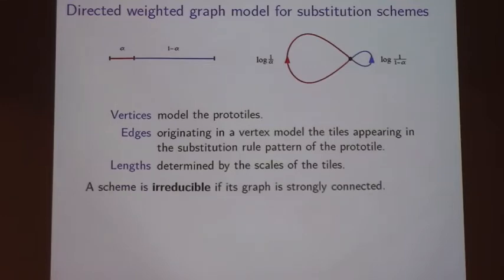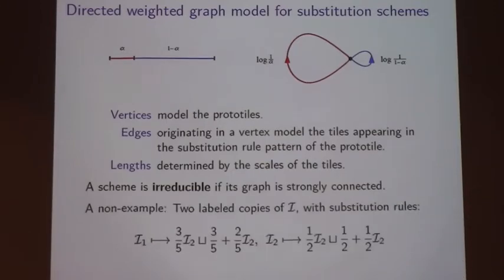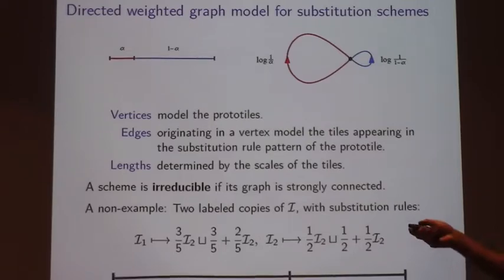So we say that a scheme is irreducible if the graph is strongly connected. And these will be the examples that are interesting to us because, for example, if we take this kind of scheme over two labeled intervals, this might not say much, but let's look at the example. First you take the unit interval and you substitute it according to the left scheme. So it's 3/5 and 2/5.